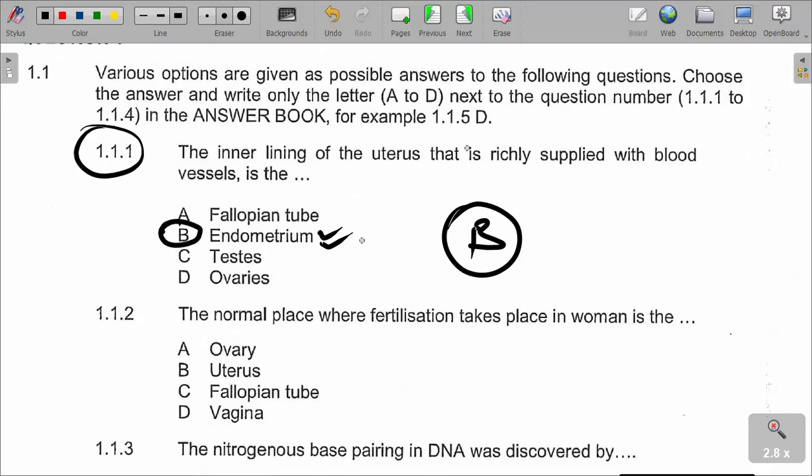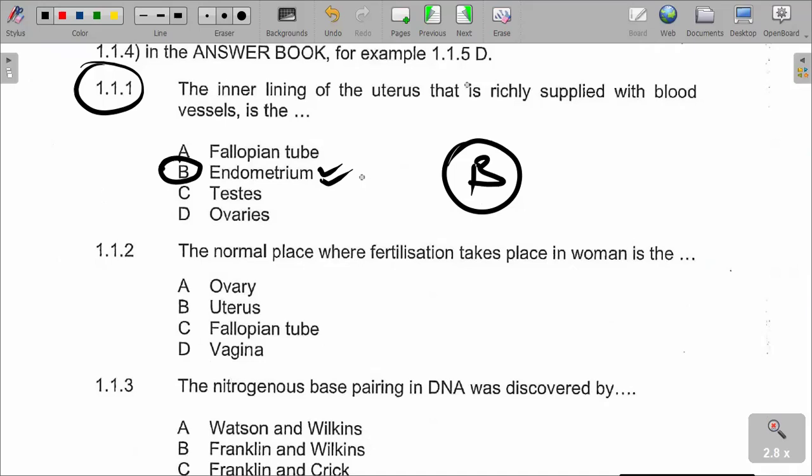So the answer is B, and the normal place where fertilization takes place in the woman is the fallopian tubes. We say that fertilization occurs in the oviduct. The fallopian tube is responsible for fertilization.